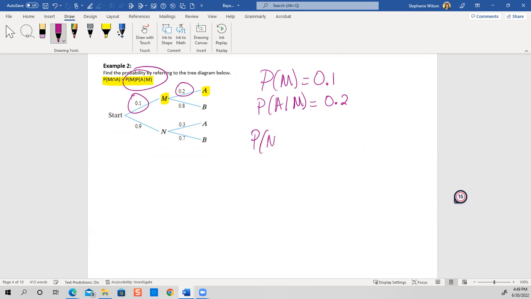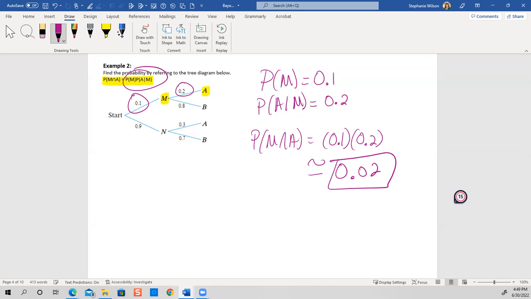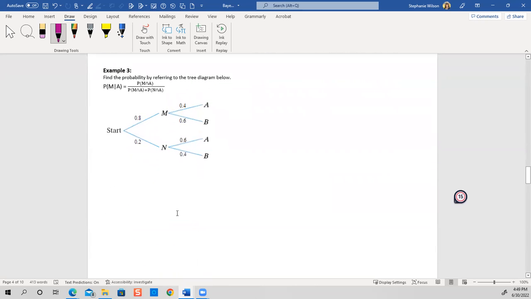So when I multiply those two together, I get, and that is my answer. So 0.02.